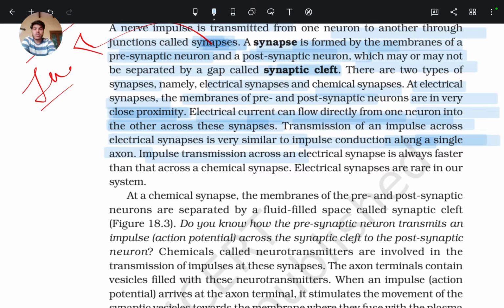Impulse transmission across an electrical synapse is always faster than across a chemical synapse. In a chemical synapse, a gap or synaptic cleft is present. Electrical synapses are rare in our system.